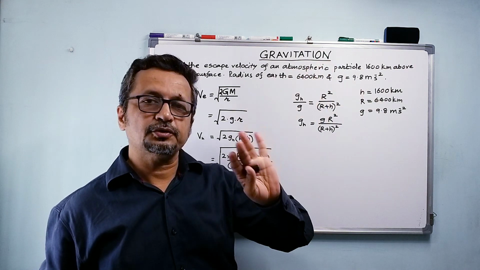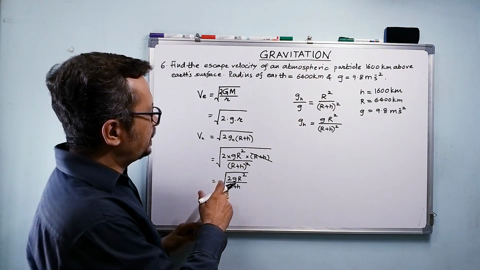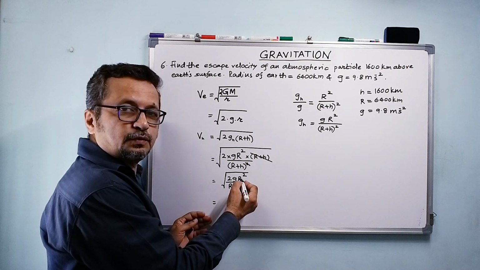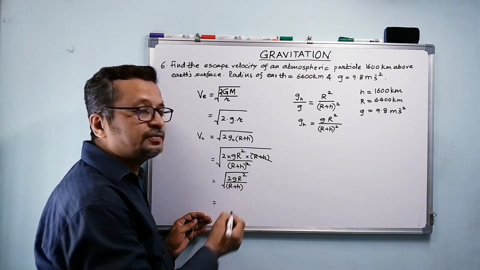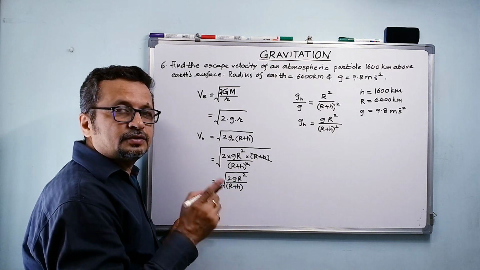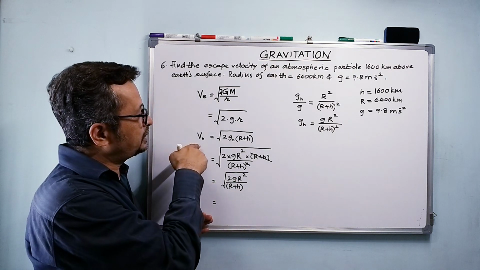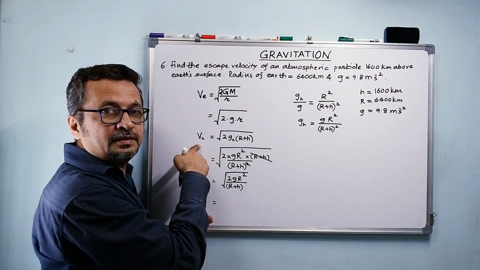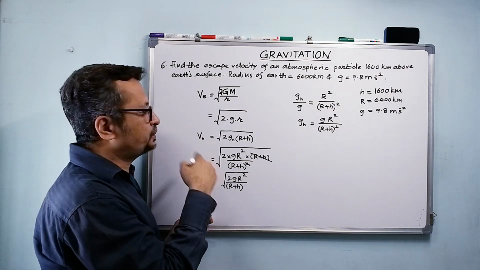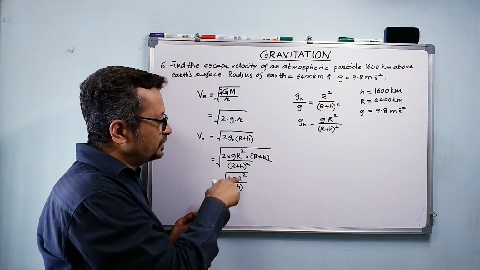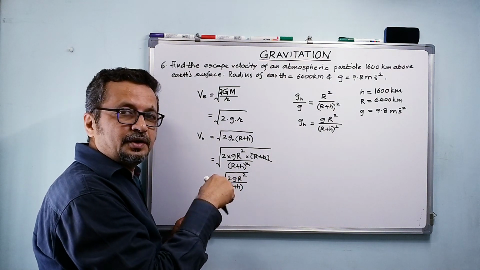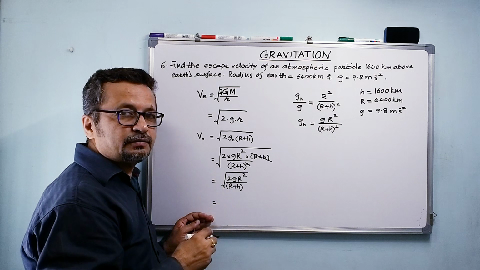You have to convert that into meter, because here it is square of r, and here the power of r plus h is 1. Correct. So if you have to get your velocity in proper units like meter per second, then the dimensions on both the sides have to match.